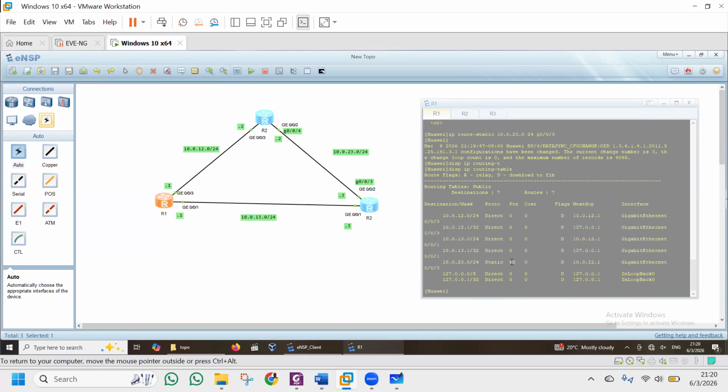Then take note of this preference. Huawei uses preference for administrative distance. The static route is 60 compared to Cisco, where it should be 1. Here OSPF is preferred over a static route, the other way round from Cisco.